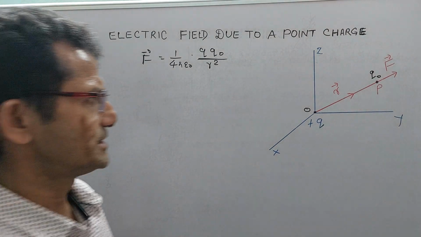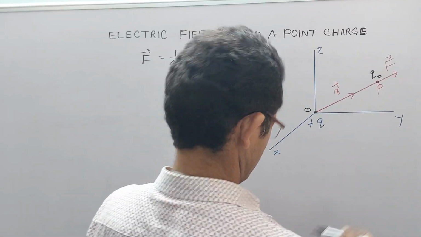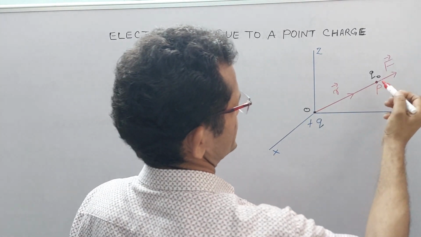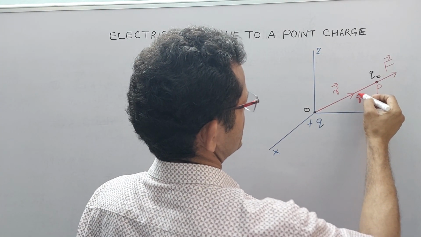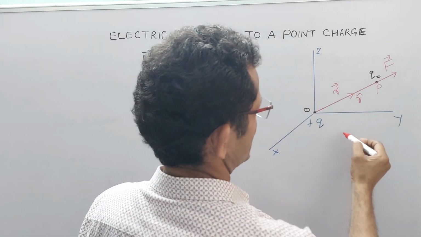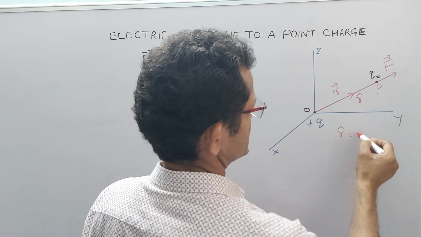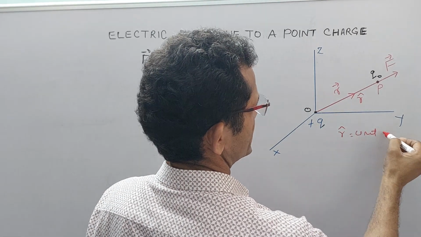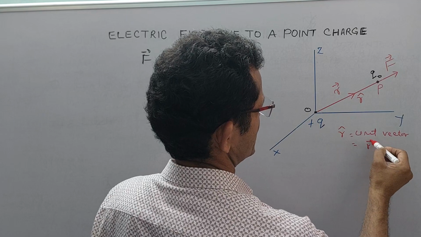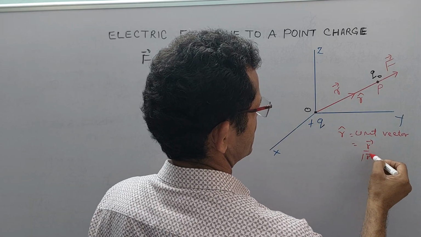So now its direction, if I place the direction of vector F, is represented by r cap. R cap, we already know, is the unit vector. Its value becomes vector r upon mod of r.